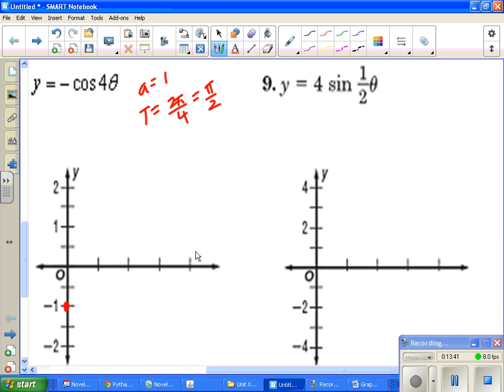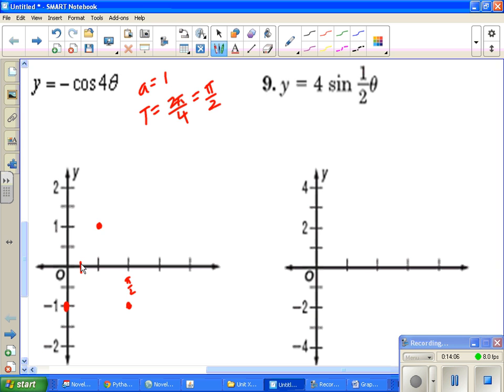Normally the period goes to 2 pi. Now, since our period is cut down, it's going to repeat every pi over 2. All right, just for the sake of trying to be somewhat accurate, I'm going to make this guy pi over 2. Really, you can label your axes however you want. So that means I have to go up and down by the time I get to pi over 2. Which means in the halfway point, I'm at the peak.